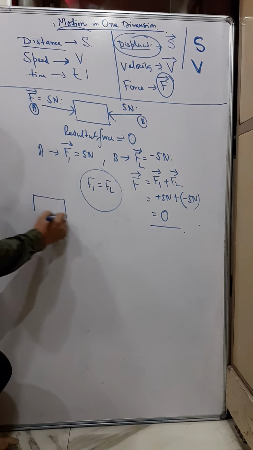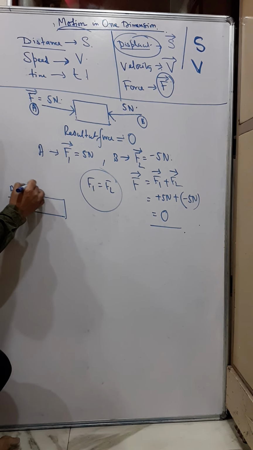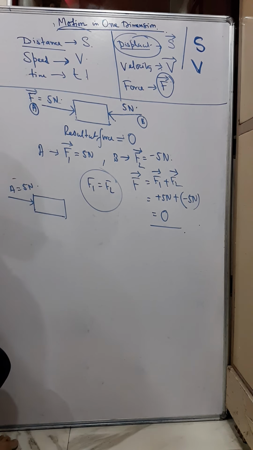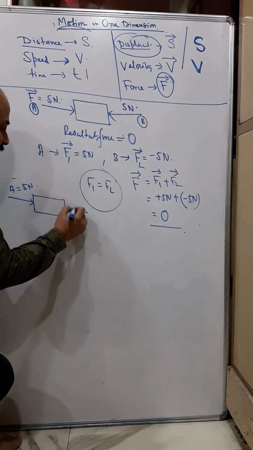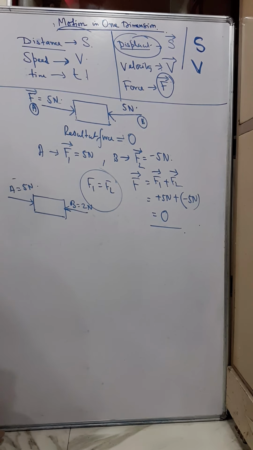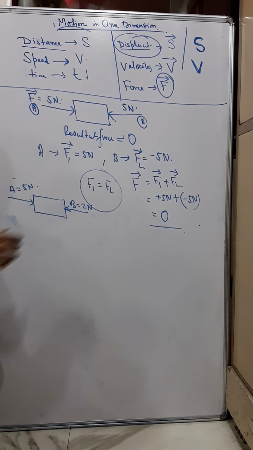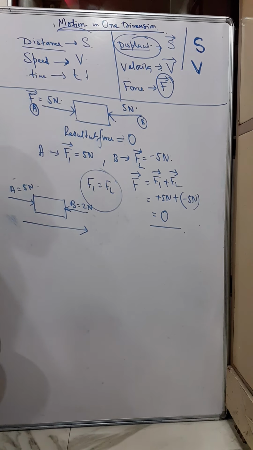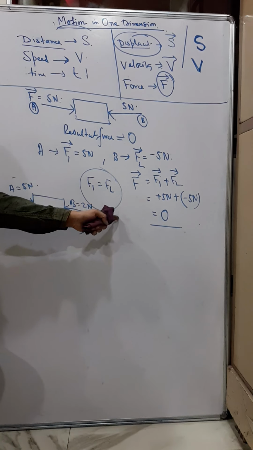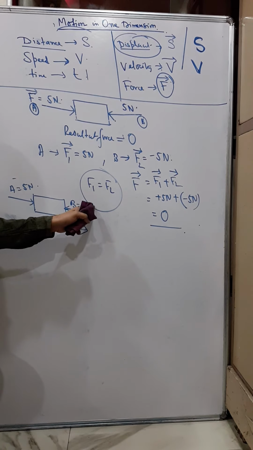Now again, suppose A is applying a force of 5 Newton in this direction, and B is applying a force of 2 Newton in the other direction. In which direction will the body move? The body will move in A's direction, because A is pushing with a force of 5 Newton, B with a lesser force of 2 Newton.